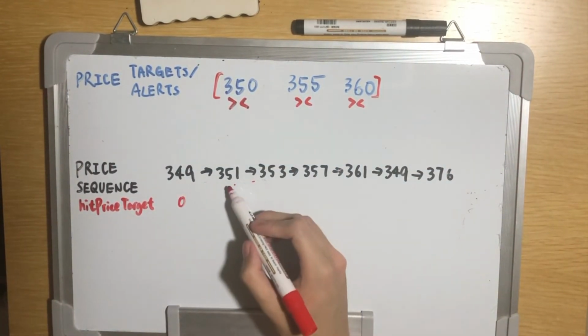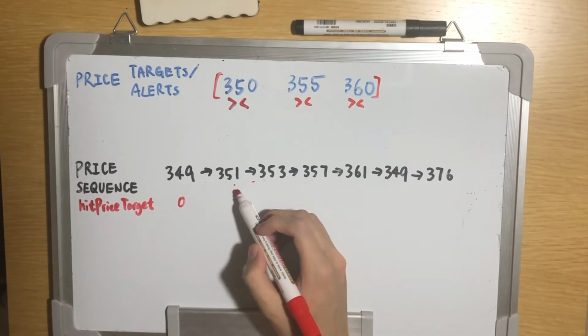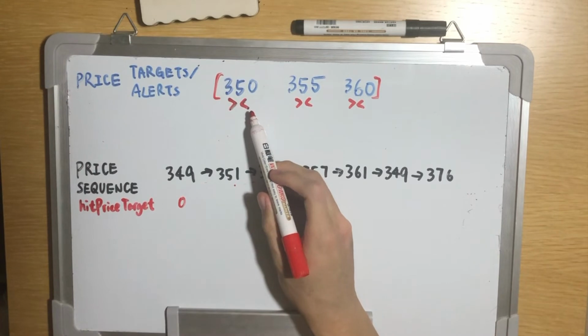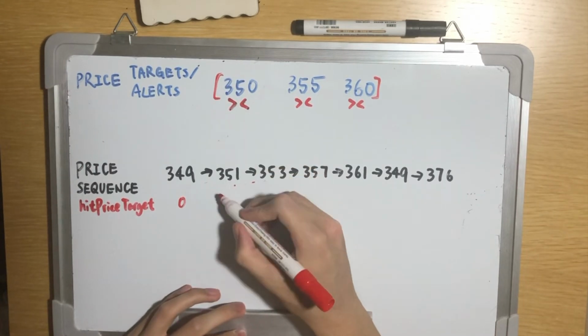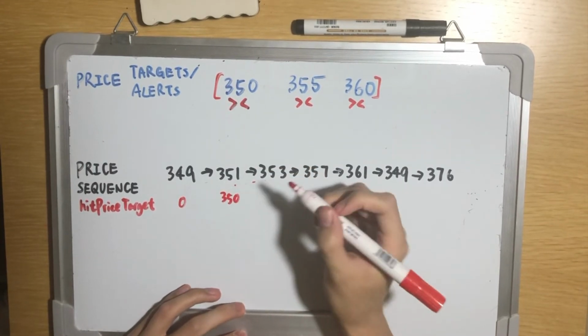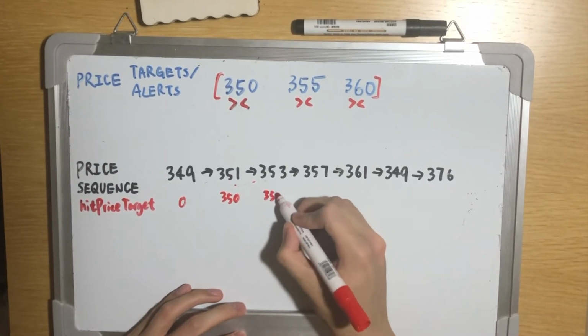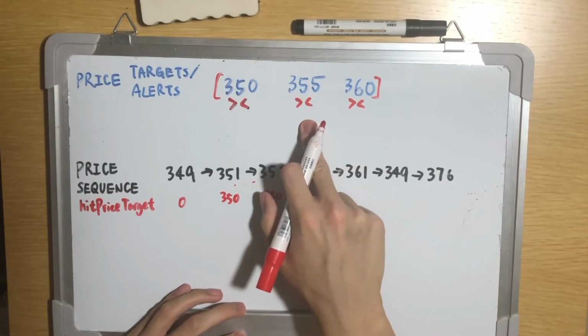And if it passes to 351, it will then store the closest price target, the maximum price target, which is 350. And if it's 353, it's still 350 because it doesn't pass the second one yet.